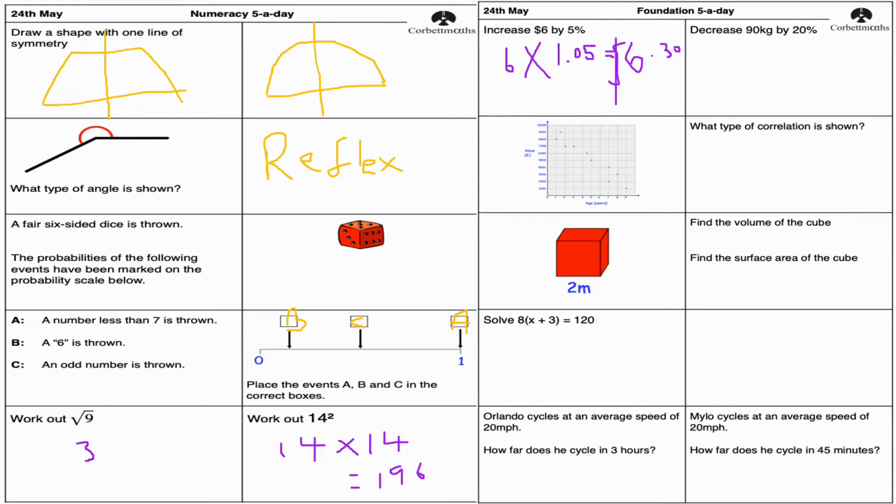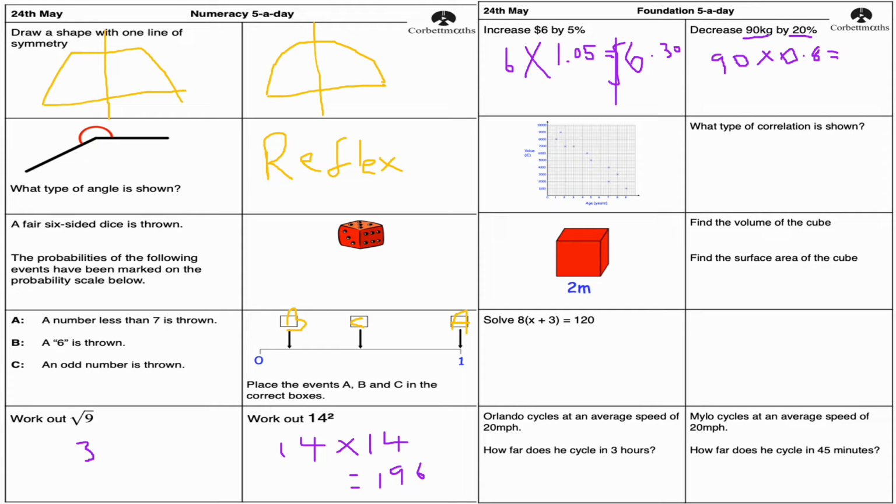Next question, decrease 90 kilograms by 20%. So I'm going to do 90 multiplied by 0.8. So hopefully you are happy with where I'm getting these decimal multipliers from. I'm essentially taking 20% off, which is the same as multiplying it by 0.8. 10% of 90 is 9. 20% is going to be 18.